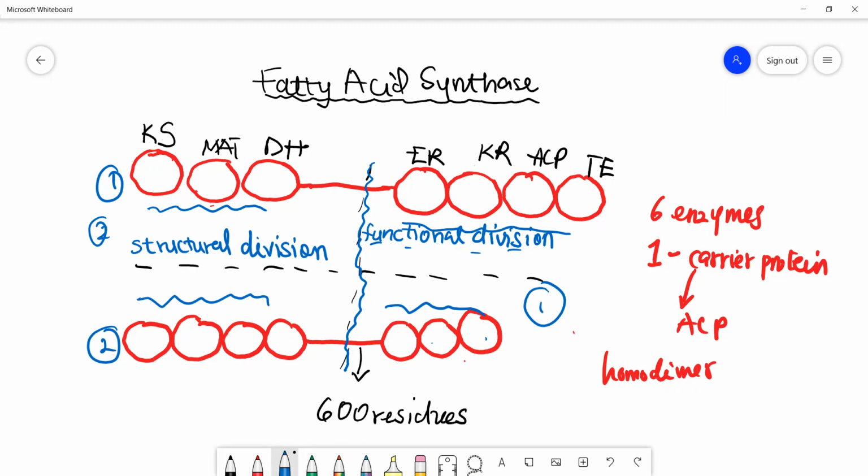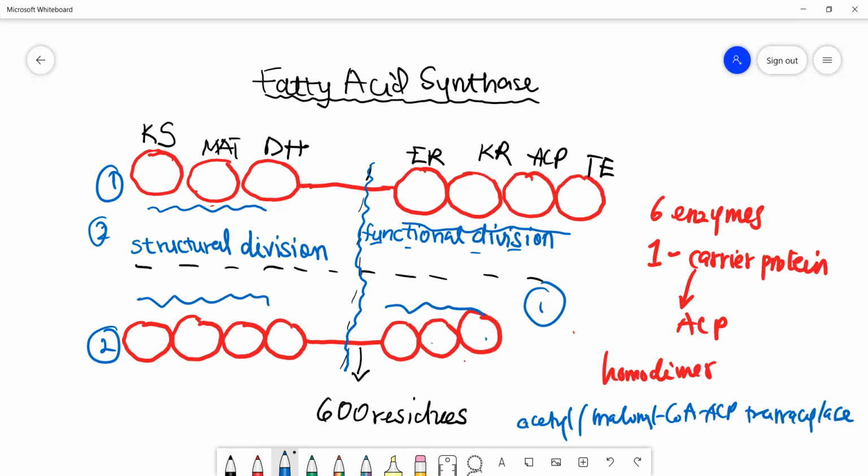So the same KS is the ketoacyl synthase that we see. MAT is the malonyl acetyl transferase. Somewhere you see that it is indicated as acetyl/malonyl CoA ACP transacylase.